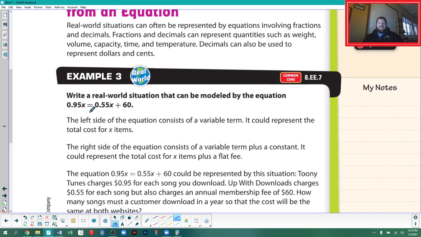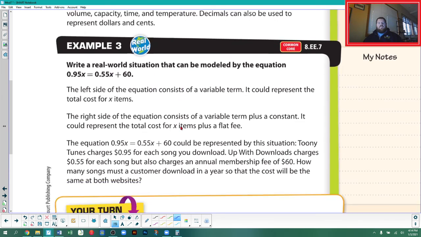And it says the left side has a variable term only, and the right side has a constant and a variable. And so they use the left side to mean the total cost for X items that all cost the same amount. The right side, they're thinking of, it could be a total cost of X items plus a flat fee.